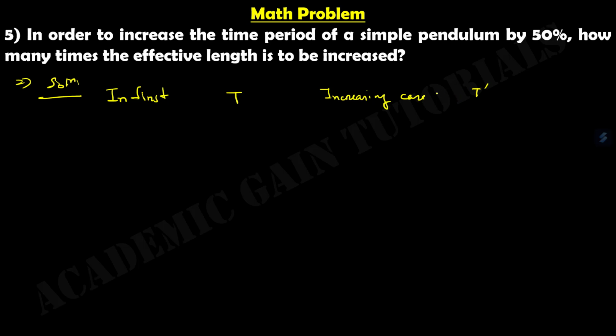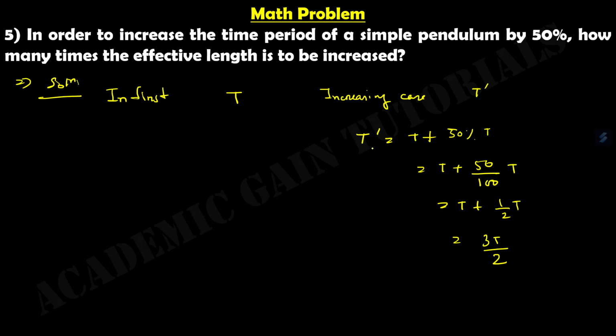We have to increase the time period of a simple pendulum by 50%. So what will be our value of T prime? T prime will be T plus 50% of T, which is T plus 50 by 100 T, or T plus half of T, and that gives 3T by 2.